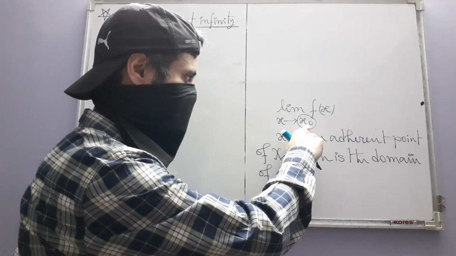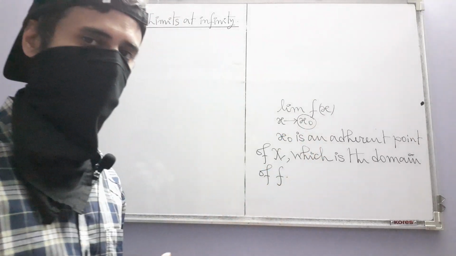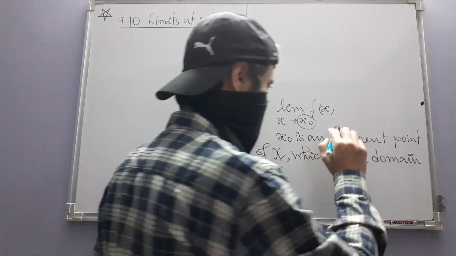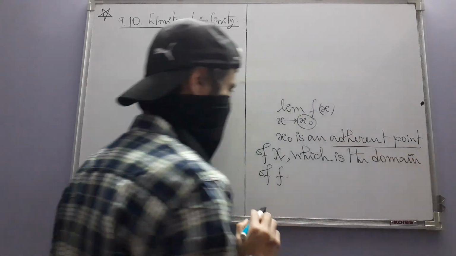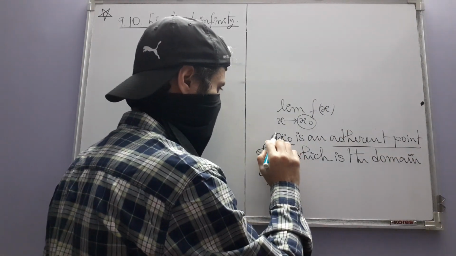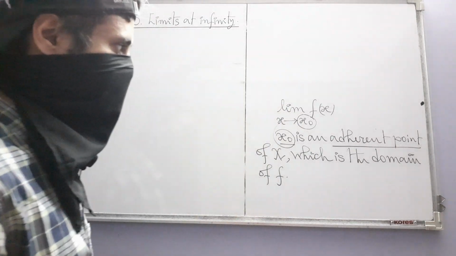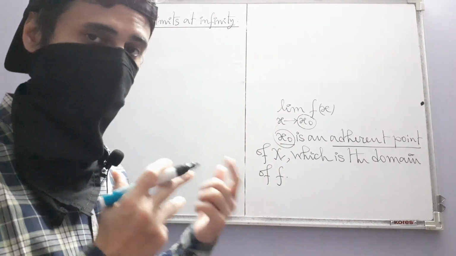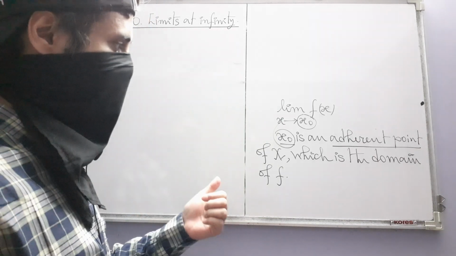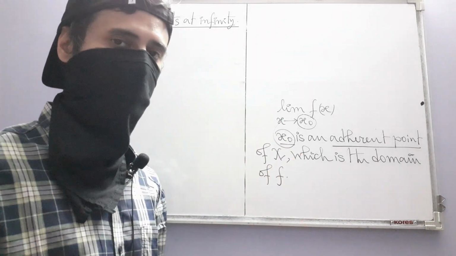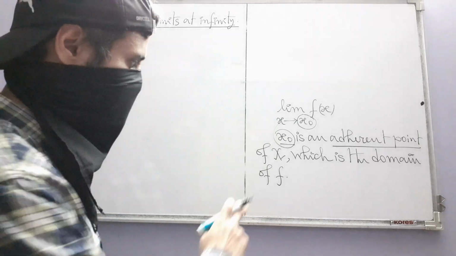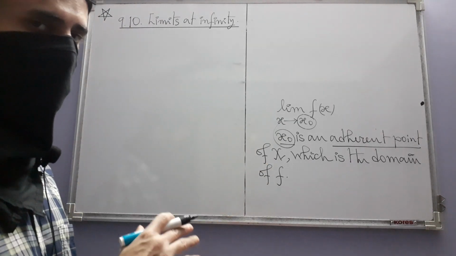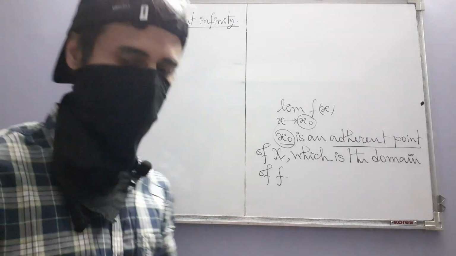Namely, here you can have plus infinity and also minus infinity. So for that, we need this first of all. X naught originally in our old definition, the original definition of limit, is after all a real number. But now we want plus and minus infinity to be adherent points of the domain of f.